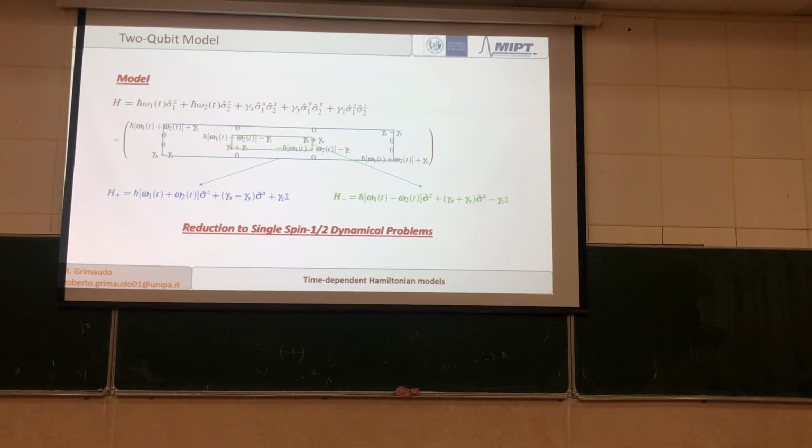Okay, maybe I have a question. I guess this Hamiltonian can describe the creation of entangled states, and in general it is known how to make an entangled state, a Bell state, in a standard fashion.